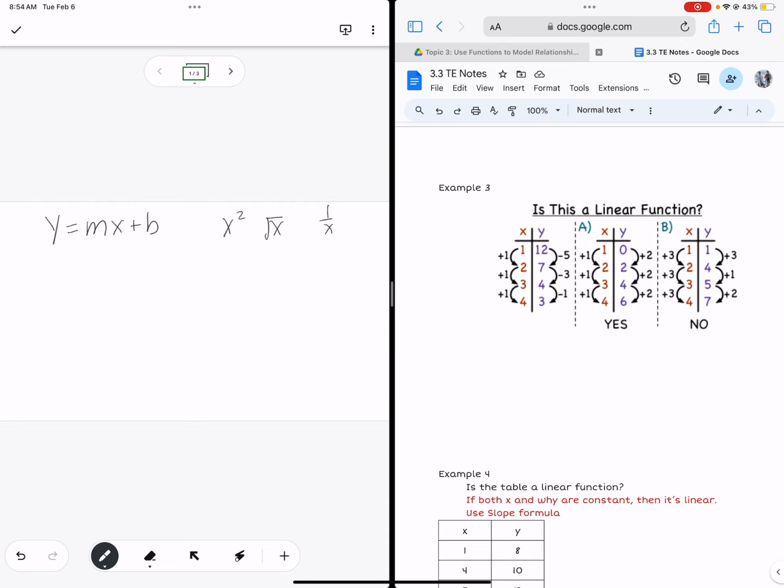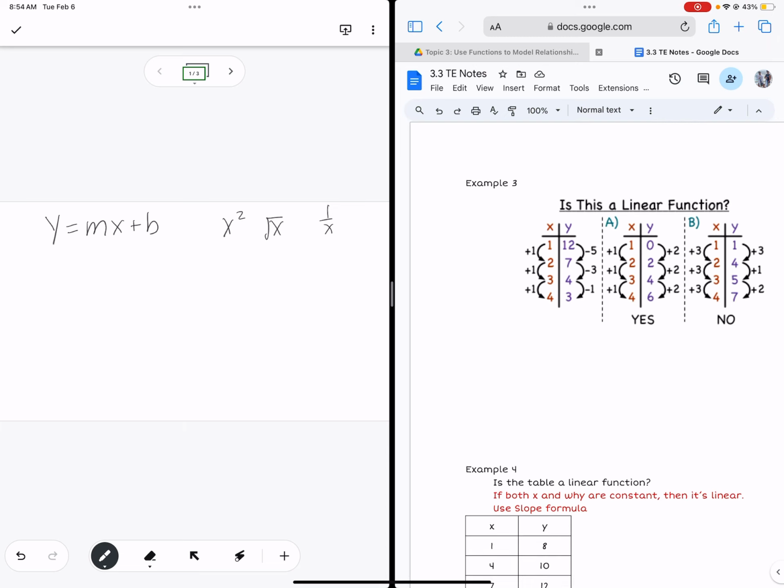It can't be any of those things. Now, looking at a chart, can we determine if something is linear? Here's how we're going to do that. There's a very easy way to do this. And you guys have a picture, right? It should say, is this a linear function? All right, so there's a very easy way to do it that only works about 10% of the time.